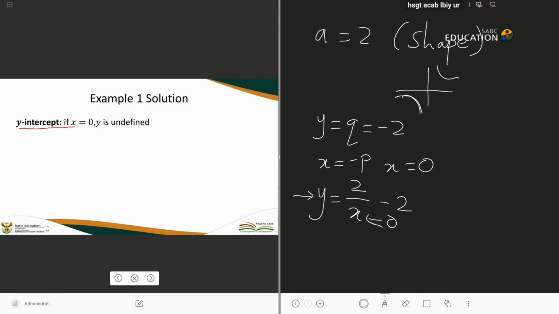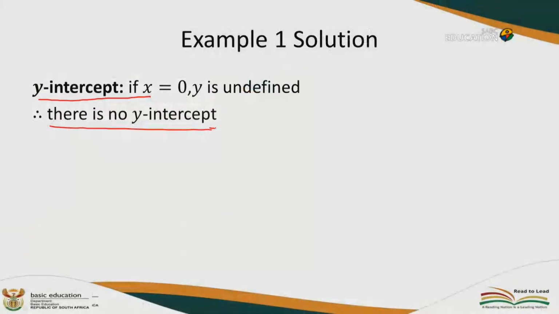So if x is equal to 0, then we are going to be dividing by 0, and dividing by 0 is what gives us something that is undefined. So we are not going to have a y-intercept, because if x equals 0, y is going to be undefined, and for that reason, there isn't going to be a y-intercept.